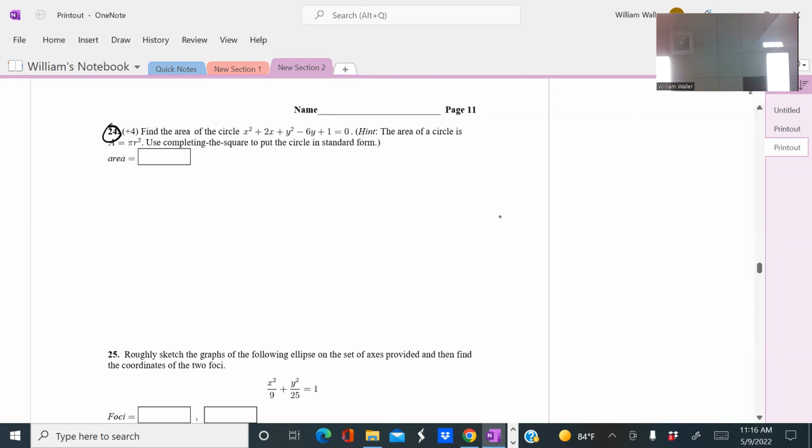Use completing the square on this circle so that you can find the center of the circle. That's not really useful to us here. But what we're really interested in is finding the radius of the circle, so we can use that in this formula to compute the area of the circle. So this is really just a question about completing the square on a circle.